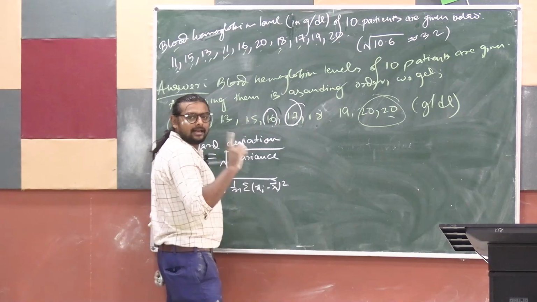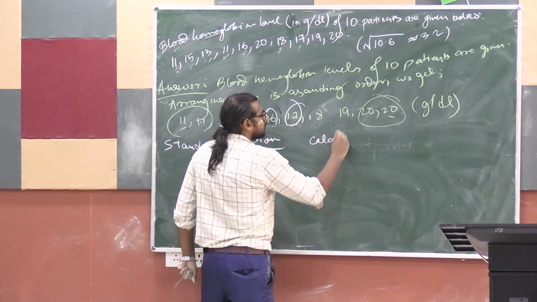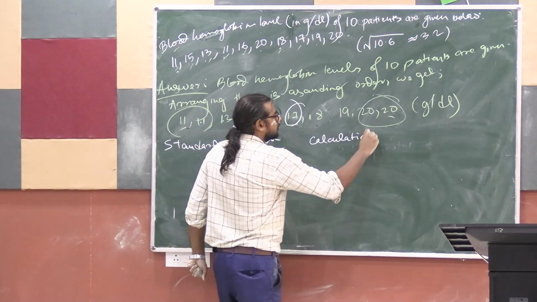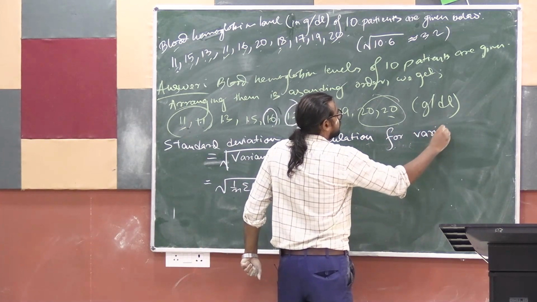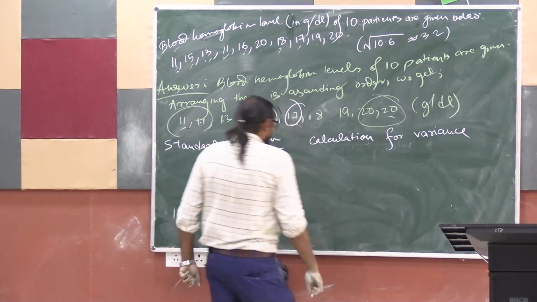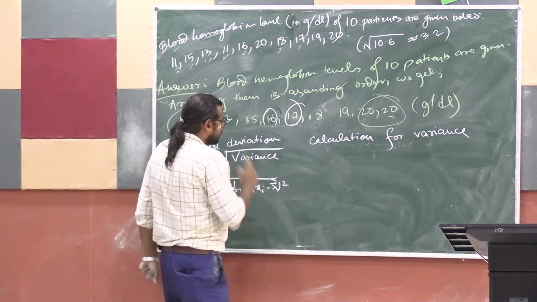Now you draw a table with a heading called calculation for variance. A type of rough work, but you do this.